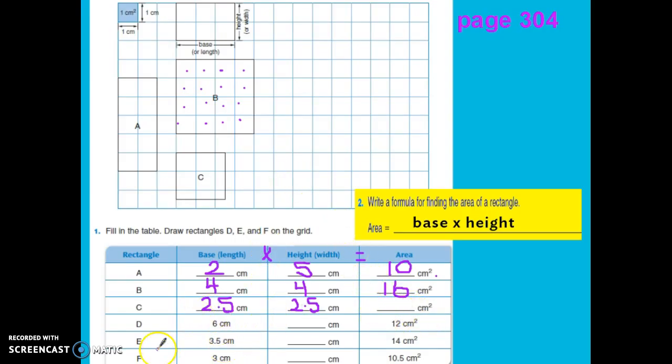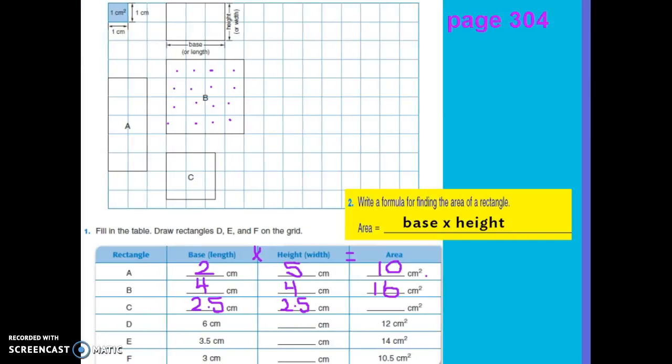Now, when you do letters D, E, and F, you're going to have to work backwards a little bit. So I would begin by drawing your base. I know that my base is 6, so I'd find a good spot where I can get my 6 in there. So 1, 2, 3, 4, 5, 6.